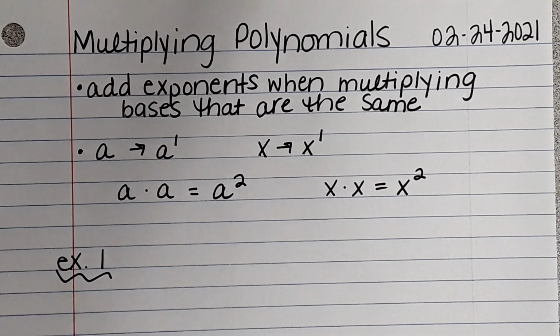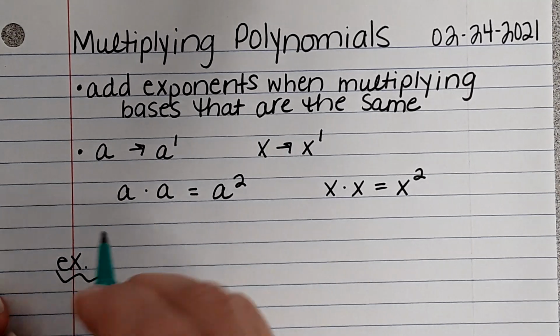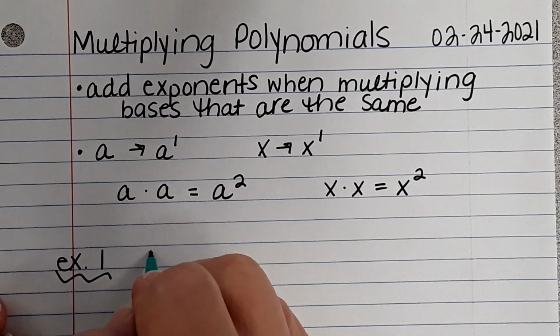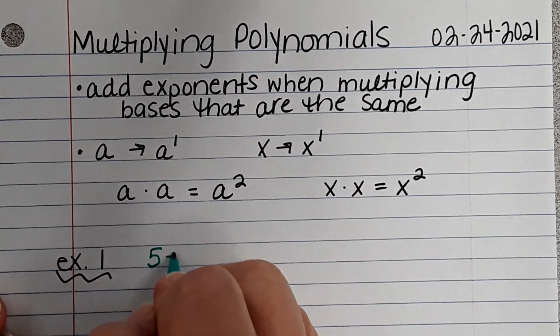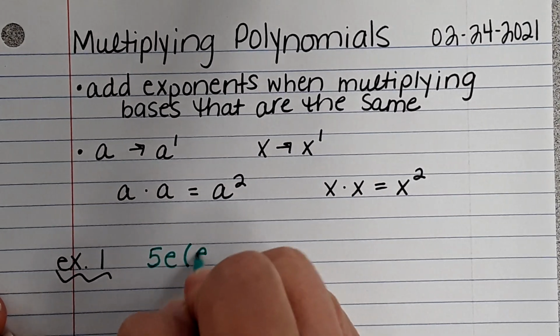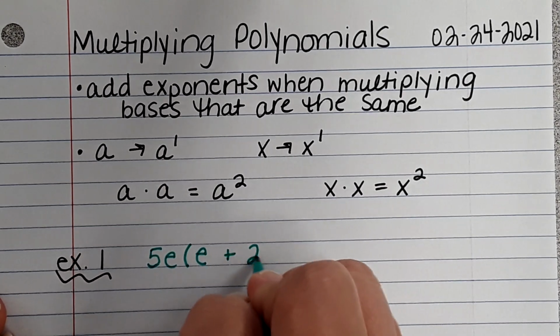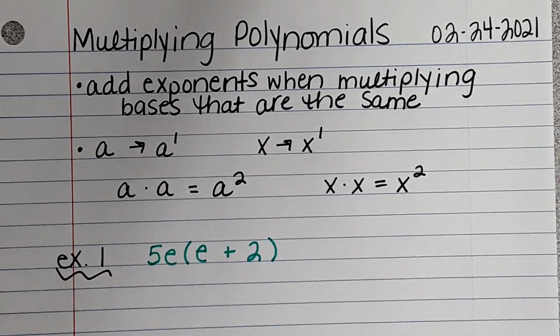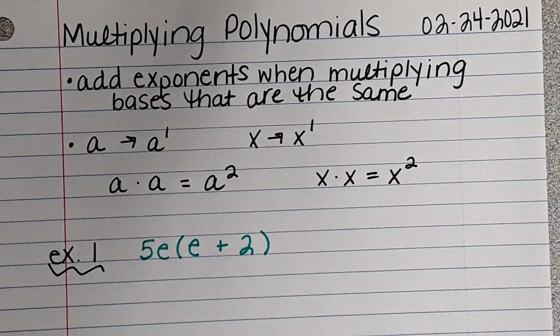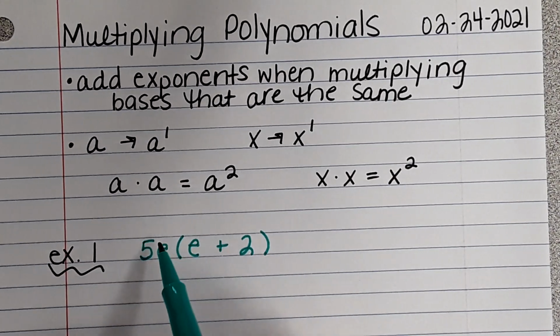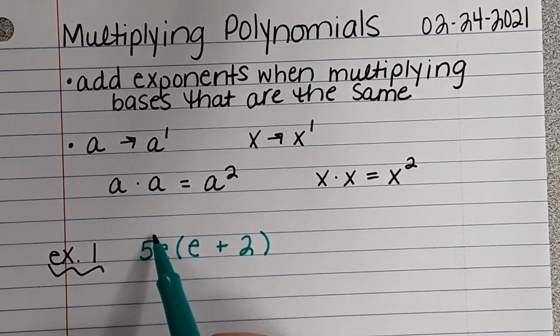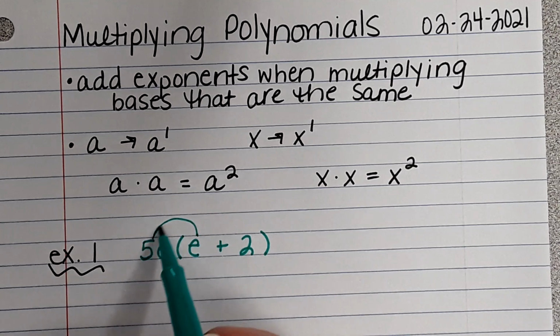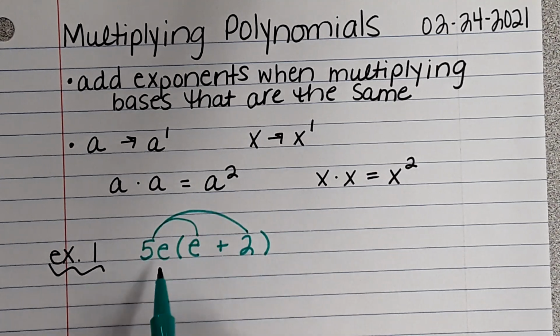We're going to start with kind of what we did yesterday. It's like a distributive property. We're going to start with 5e times (e plus 2). So we do 5e times e and then 5e times 2.